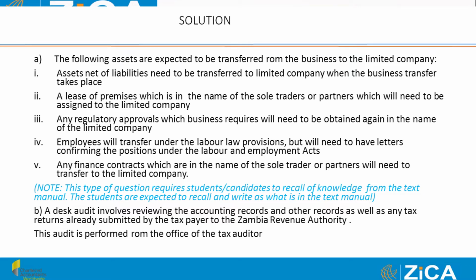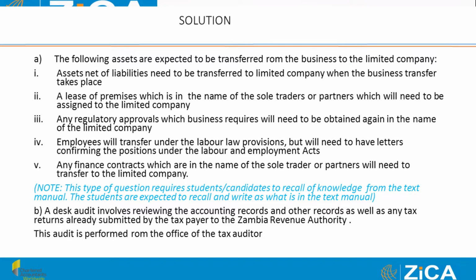So in short, the students are expected to recall and write what is in the text manual. So you regurgitate. You should have mastered what is in the manual itself for you to present it to the examiner. So it is very, very important that you master what is written in the manual, other than leaving it that way.